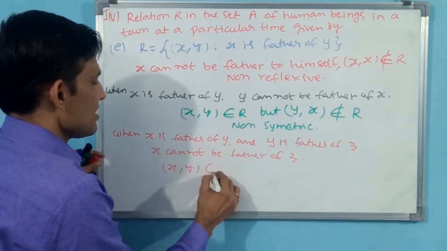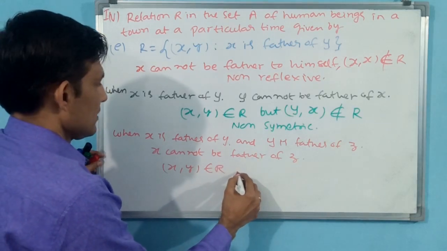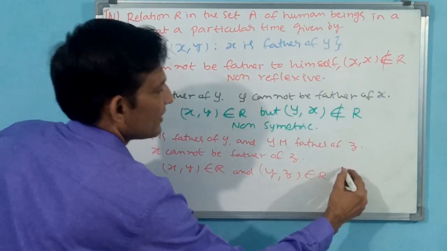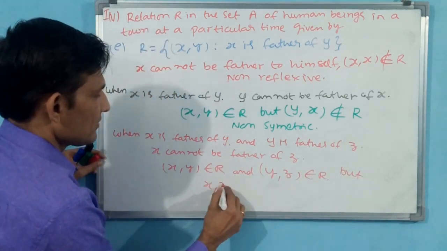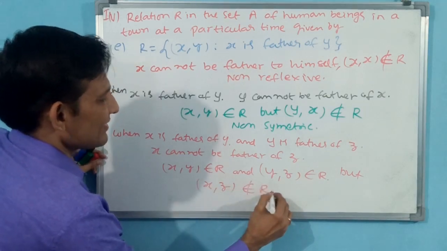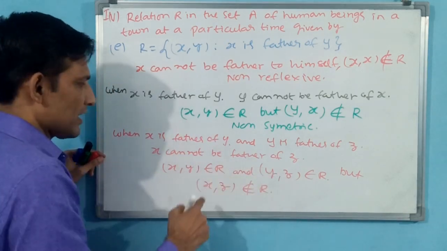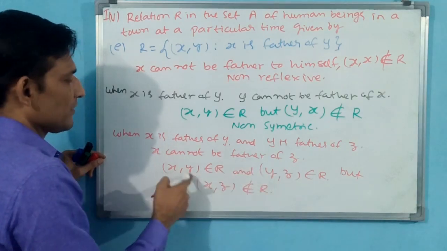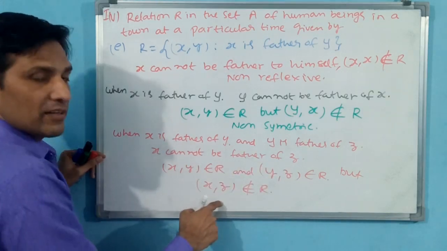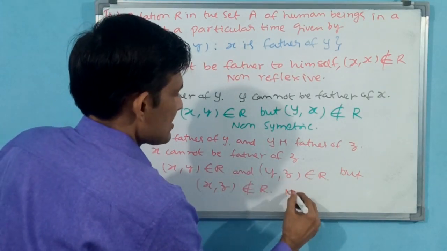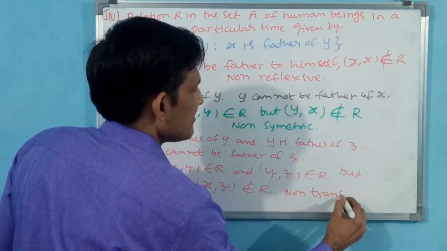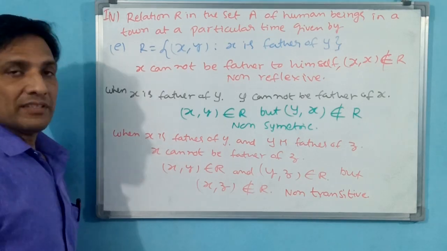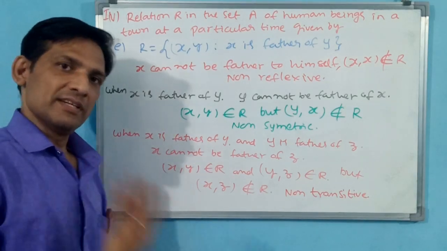(X, Y) belongs to R and (Y, Z) belongs to R, but (X, Z) does not belong to R. These two are okay. Why? Because this fellow is a third person. He may be son of this fellow. Y is father of Z. X is father of Y. But both are okay. But X is not father of Z. Non-transitive relation. Okay. With this, we have finished your first question. We go for the second question. Okay.